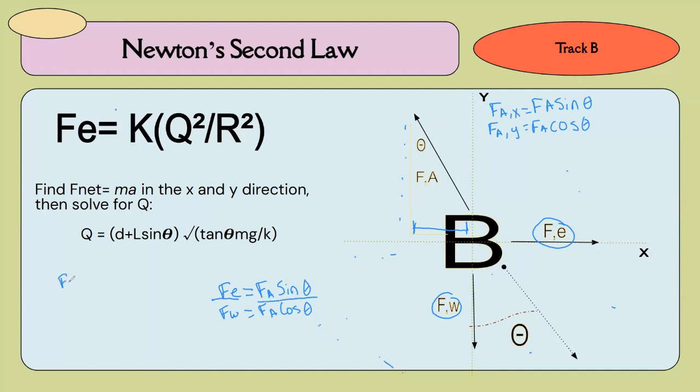And we get Fe over force weight, where our Fe equation is K Q squared over R squared, and we know that force weight is mg. And if we divide sine theta by cosine theta, we get tangent.